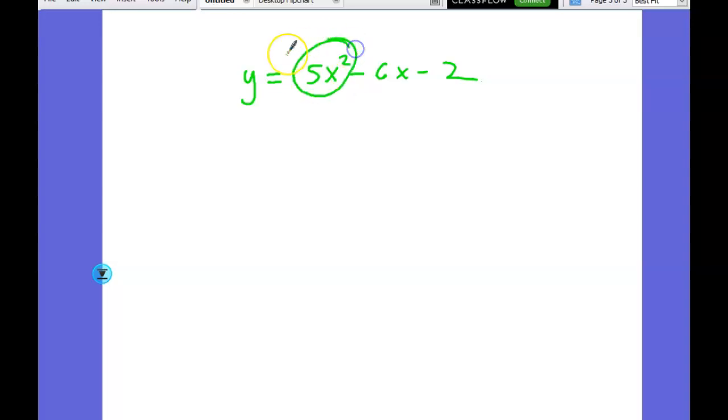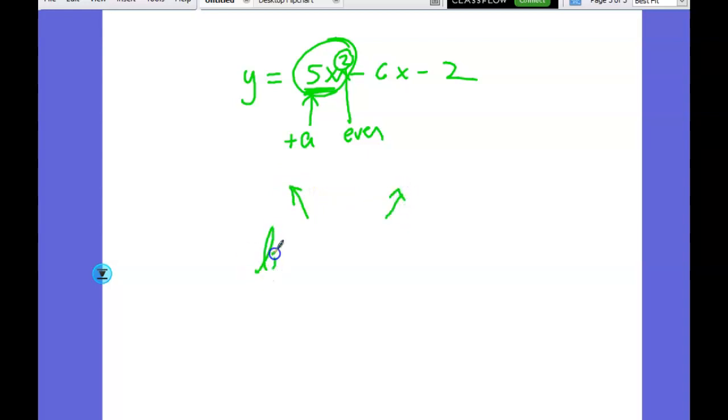It was the one with the biggest power. So for instance, on this particular polynomial, 5x squared is what determines the power. Now since my a is positive and my n is even, looking back at our chart, that means it goes up on both ends.